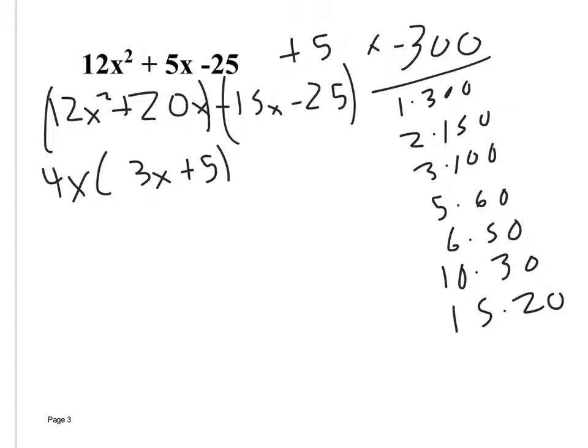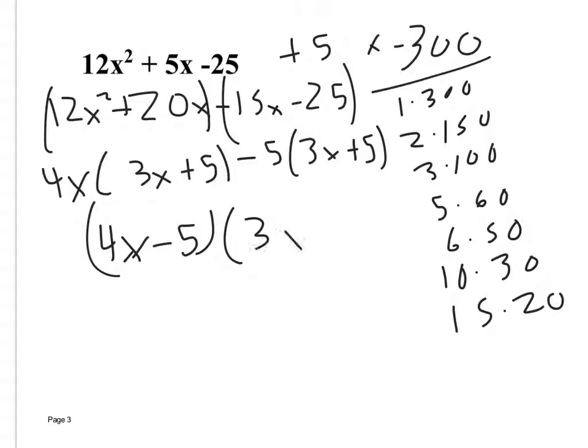So I would take out negative 5. That leaves me 3x, and I'm changing negative 25 to 5, so I take negative 5 out. And then you just combine those two: 4x minus 5 and 3x plus 5.